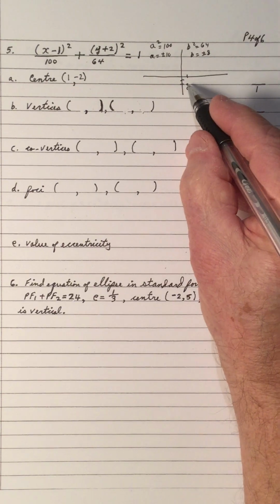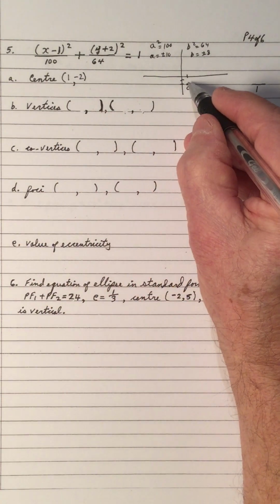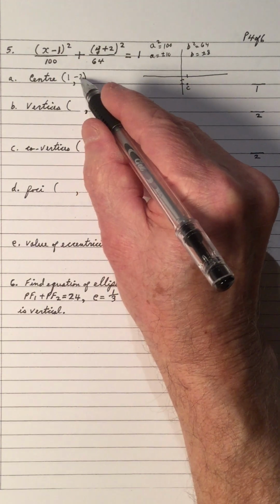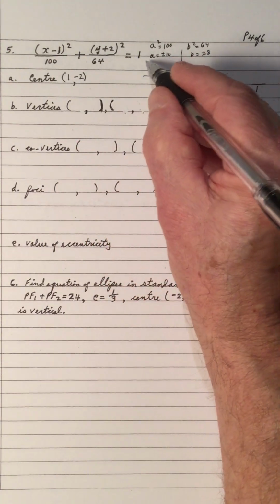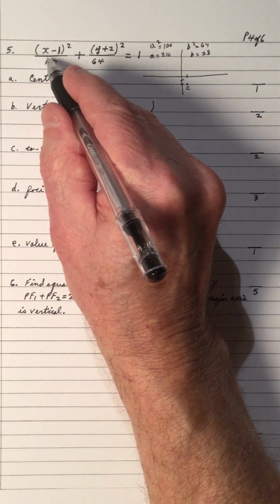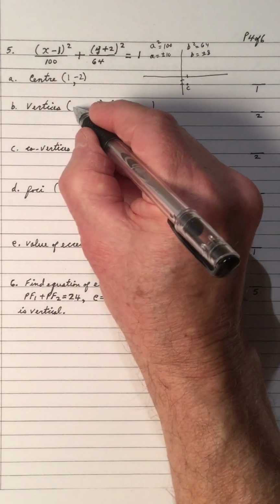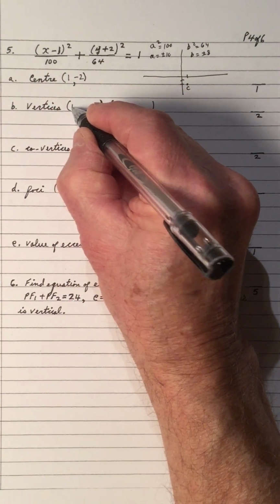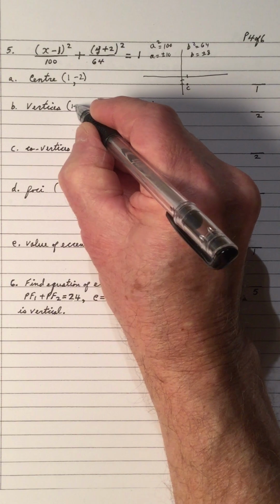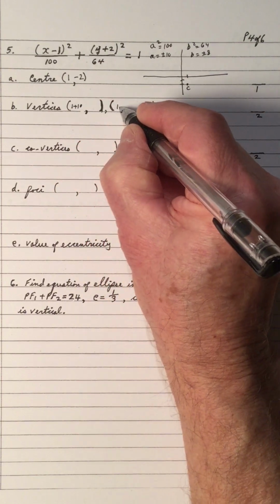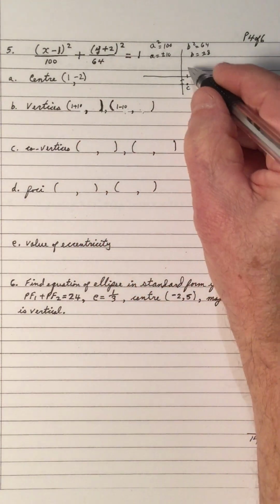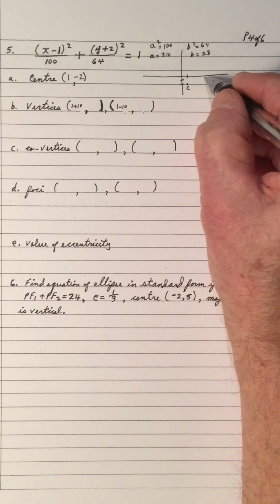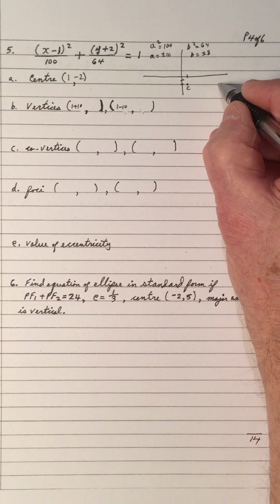So we take the center, which is (1, -2), and the major is the x, so we add the 10 to the left and right. So we take the 1, and we add on 10, and we subtract 10. So the vertices are right here.